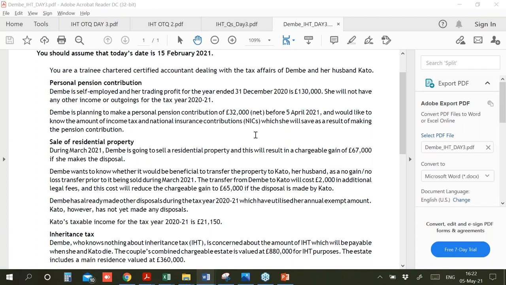Guys, 20% or 40% savings? Yes, I am asking that by having the personal allowance back, how much tax will she be able to save? 20% of 12,500 or 40% of 12,500?